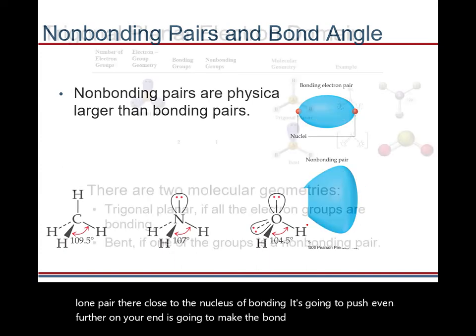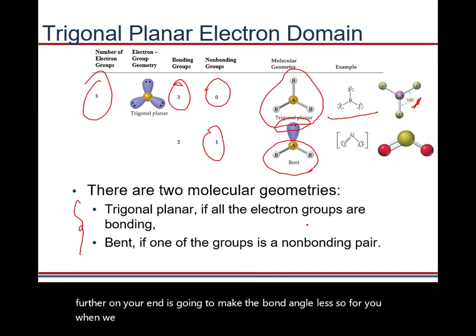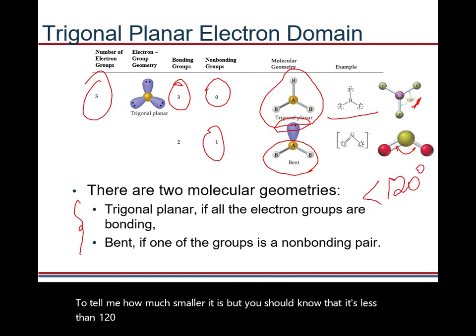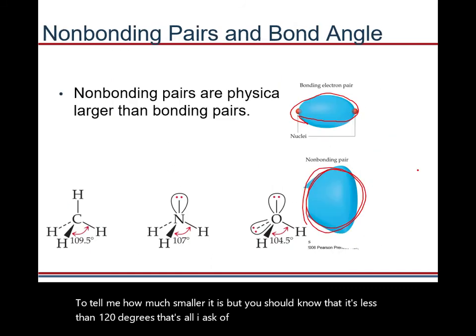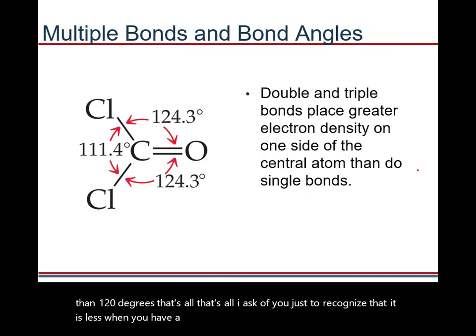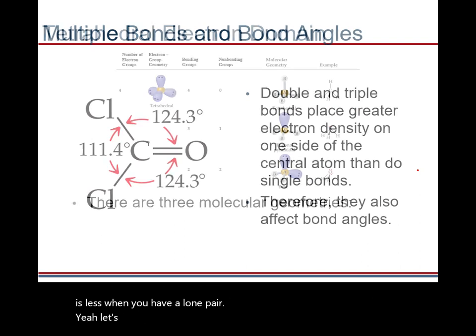So when we say here 120, in this scenario, you don't have to tell me how much smaller it is, but you should know that it's less than 120 degrees. That's all I ask of you, just to recognize that it is less when you have a lone pair. Okay, let's not worry about exactly what it is.